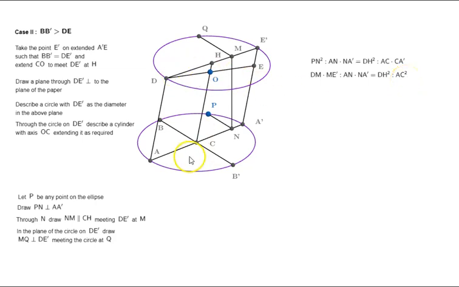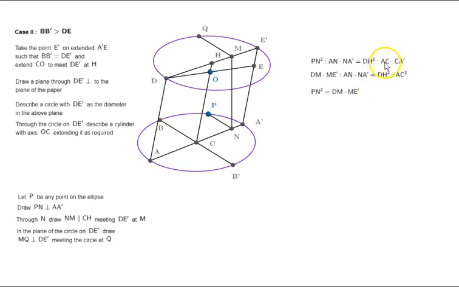And DH square is equal to BC square. DM times ME prime is equal to QM square. And QM square is to DM times ME prime is equal to DH square is to AC times CA prime. So combining all these, we can say DM times ME prime is to AN times NA prime is equal to DH square is to AC square, which means PN square is equal to DM times ME prime.